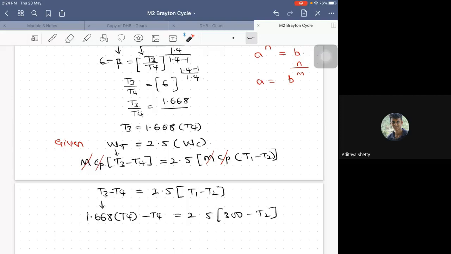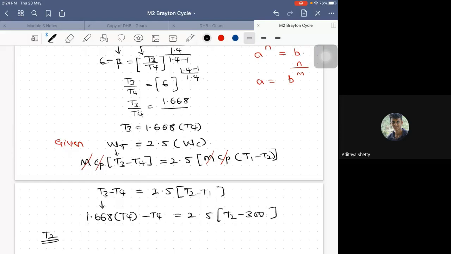Negative, sir. Then this particular equation will not match. In order to match it, I should change the sign from T1 minus T2 to T2 minus T1. So it is T2 minus 300. Now, if I get the value of T2 somehow, I will be in a position to calculate the value of T4, and thereby the value of T3.